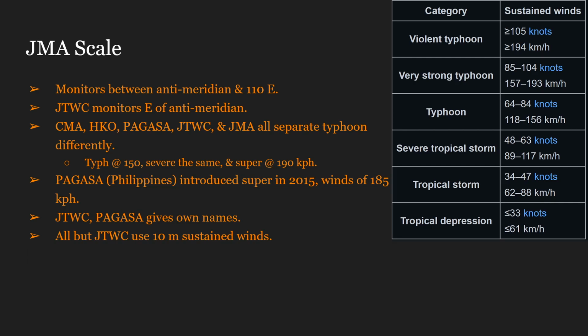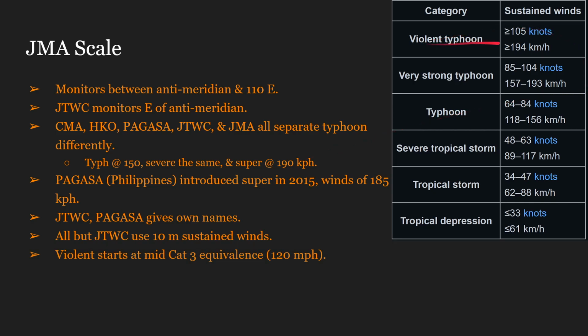In fact, the CMA and HKO do 2 minutes, which is different, I guess. Thank you, China, for being different. I appreciate that. I don't. Same with the Philippines. I don't like the names that they give. It gets confusing because they don't retire them, not all that much. But I'll talk about this a little later, but 10-minute is arguably a lot better in providing the true strength of a tropical system.